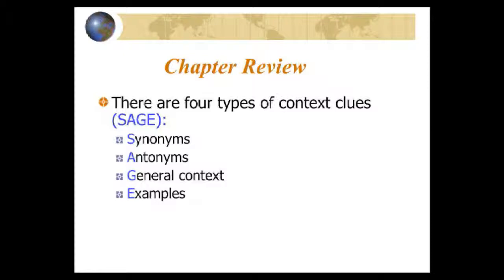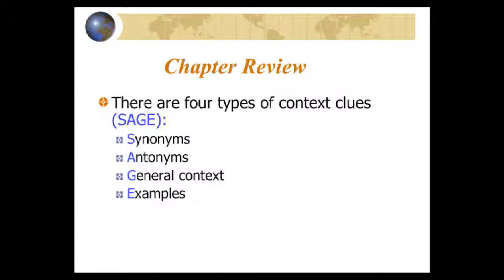And then the last one would be examples. The author just throws in an example of what it looks like. And we had some keywords or signal words that would help us recognize when an example is being used: for instance, including, and then the most obvious, for example.